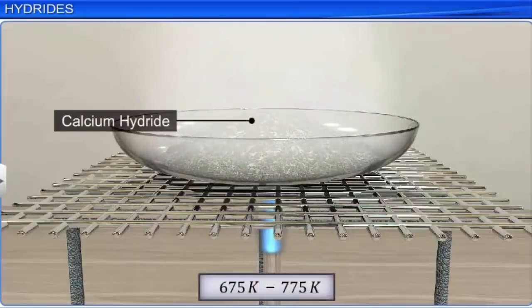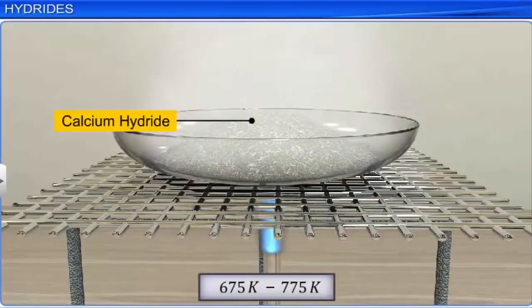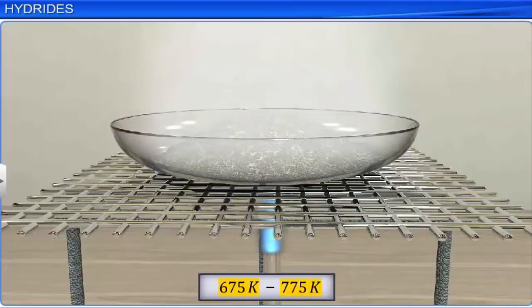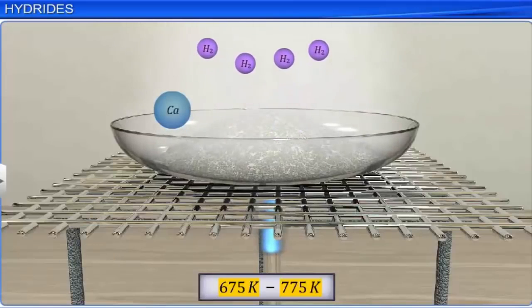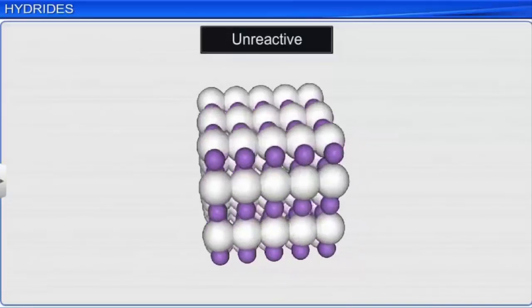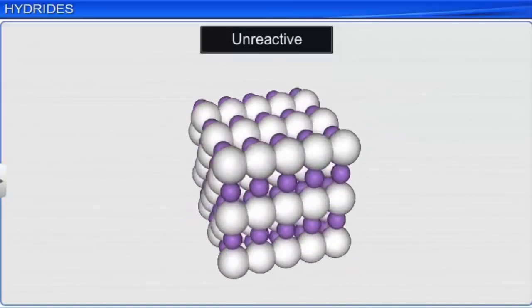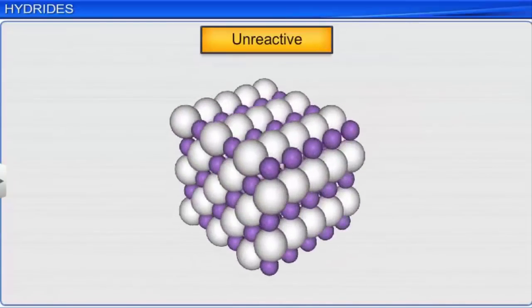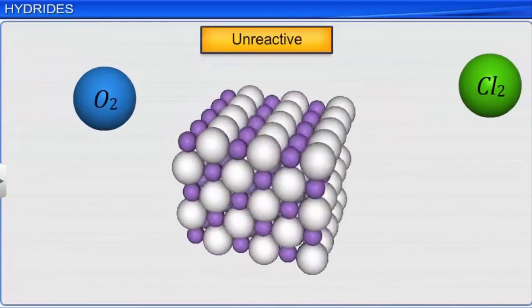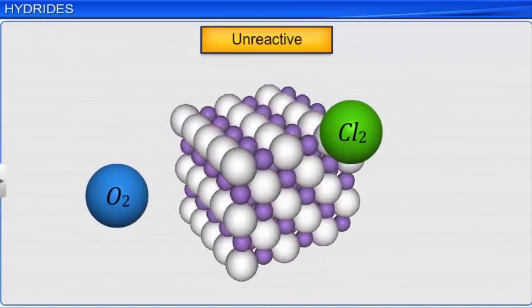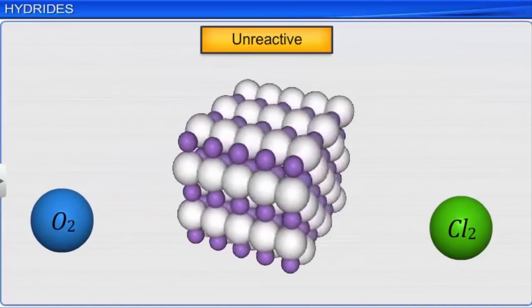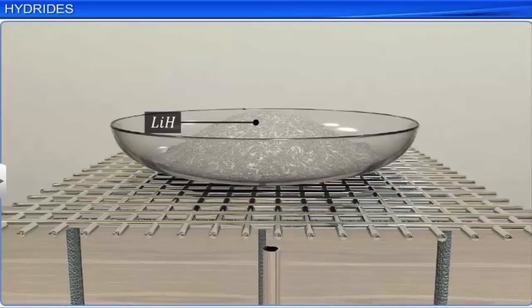For example, calcium hydride, when heated at 675 to 775 Kelvin, decomposes into calcium and dihydrogen. Unlike other ionic hydrides, lithium hydride is unreactive at moderate temperature with oxygen and chlorine gas, and is used in the synthesis of other useful hydrides such as lithium aluminium hydride and lithium boron hydride.